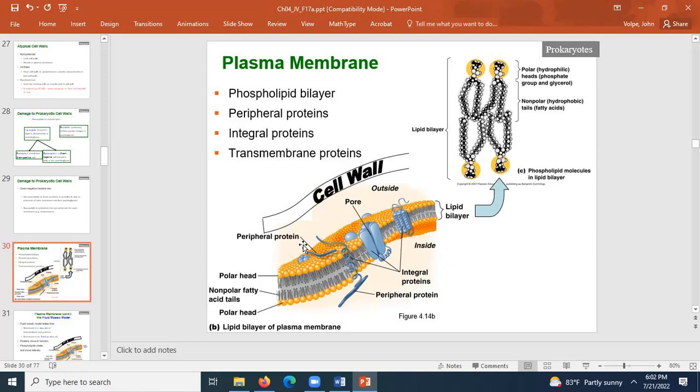There are also integral proteins and transmembrane proteins. Both of these proteins span the entire membrane. The only protein we're going to talk about, which I believe is an integral protein, is the transport proteins. And these proteins specifically move one molecule either into the cell or one molecule out of the cell.